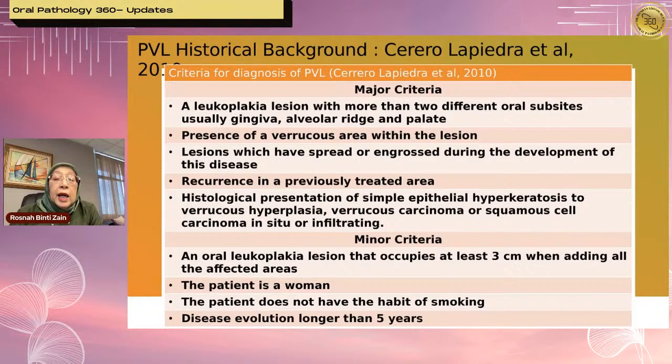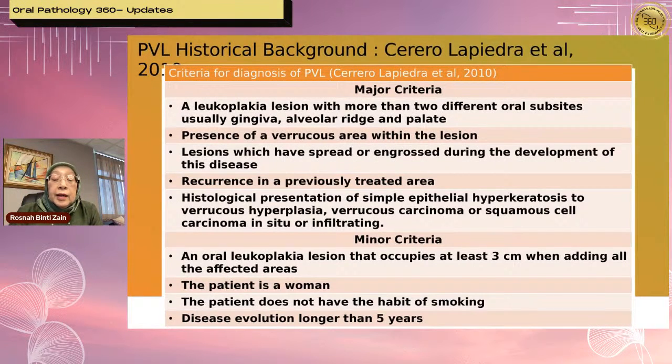If you notice, the flat white lesion is not mentioned here. Here it is just lesions in 2 subsites, with a verrucous area within the lesion, and a lesion which has spread or enlarged during the development of the disease. And there is a tendency for this lesion to recur in a previously treated area.